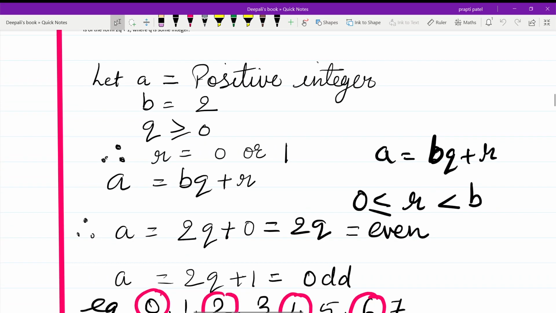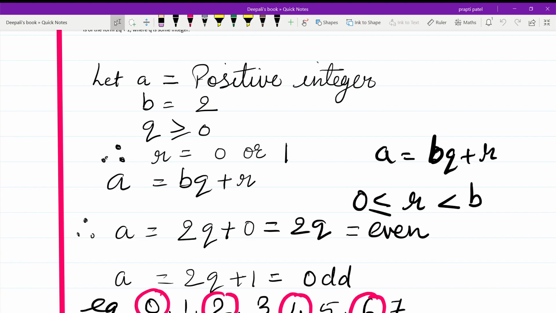So q is greater than or equal to 0 and according to Euclid's division lemma, a is equal to bq plus r, where r is greater than or equal to 0 and less than b. So the values of r can be 0 and 1.